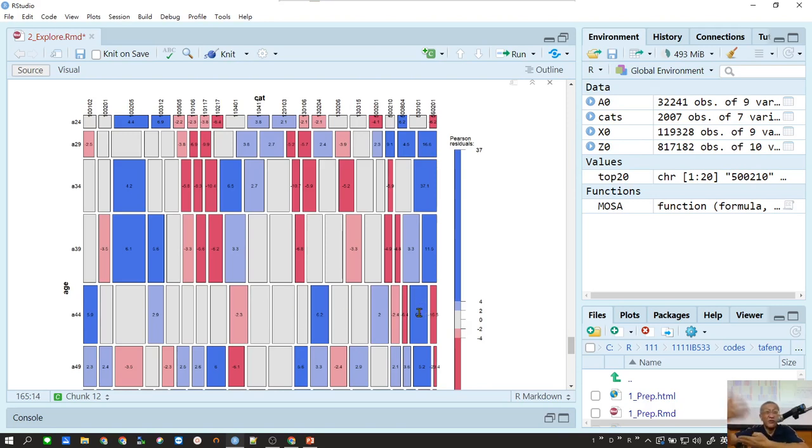Compared with the other age group, I can say that A39 prefer this one, and they don't like this one, isn't it? See? So you can see the different preference of different age group, right? By using mosaic plot. Okay.